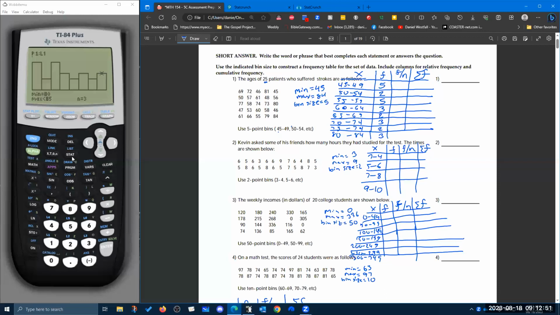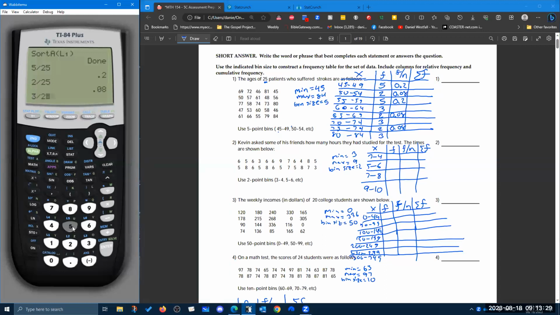So now I'm going to calculate 5 over 25, and that's 0.2. So anywhere that I see a 5 in the list, I can put 0.2 for the f divided by n. 2 divided by 25 is going to be 0.08, so anywhere there's a 2 in the list, 0.08, and 3 divided by 25 is going to be 0.12.